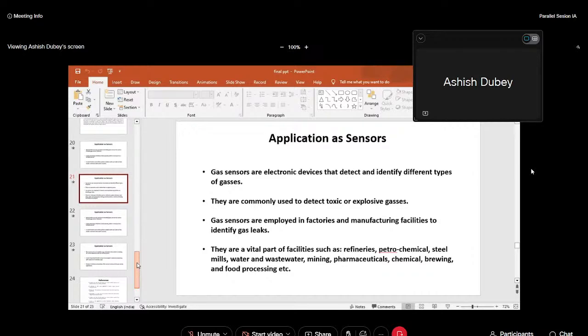Is Bhupendra Kumar here? Yes, sir. Can you just start sharing your screen? You are number 12, right? Yes, 12.